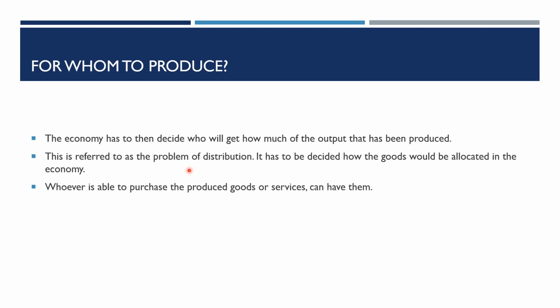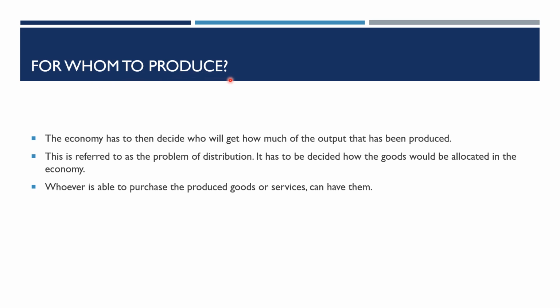But if there's any poor country which doesn't have people who can afford such luxuries, then they'll focus more on production of necessities when compared to luxuries. So then again, we need to decide how the goods that are being produced have to be allocated in the economy. This is called the problem of distribution, which is answered by this question for whom to produce.